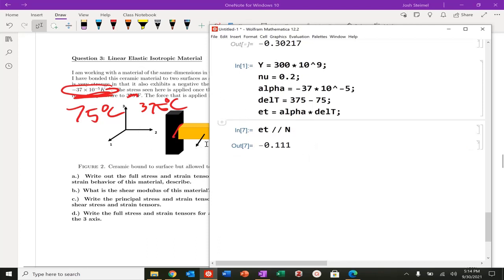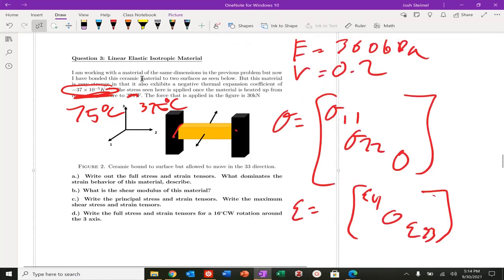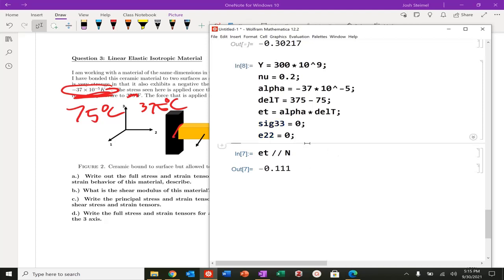So I've got my stress tensor, and I also know that my sigma 33 is equal to 0. Let's confirm that. Confirmed. I also know that my epsilon 22 is equal to 0, and there we go. So now I'm going to solve.